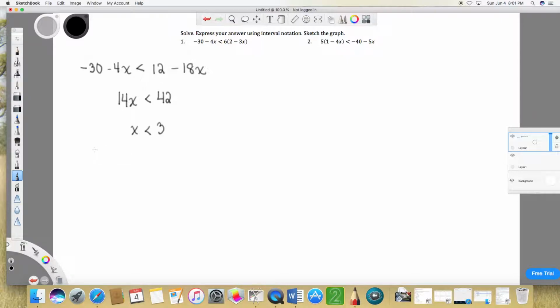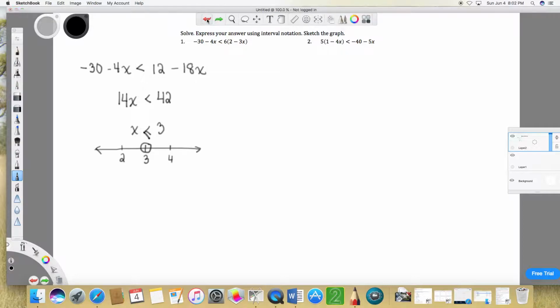So if I sketch this on a number line, what does that mean to me? Well, somewhere on this number line is the number 3, the integer 3, and then we've got 4 and 2. So I make a hollow dot at 3. Now, I don't shade that in because if this were less than or equal to, then I would shade that in and make it solid.